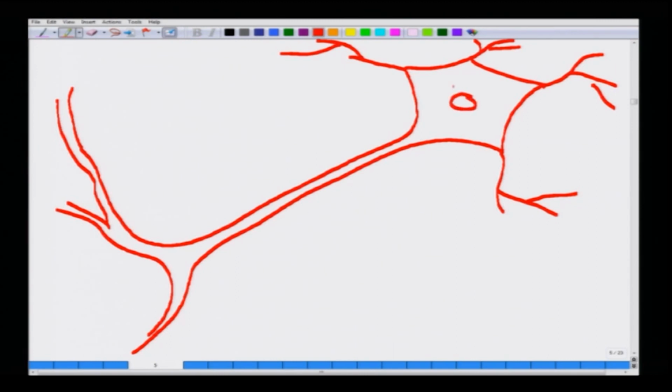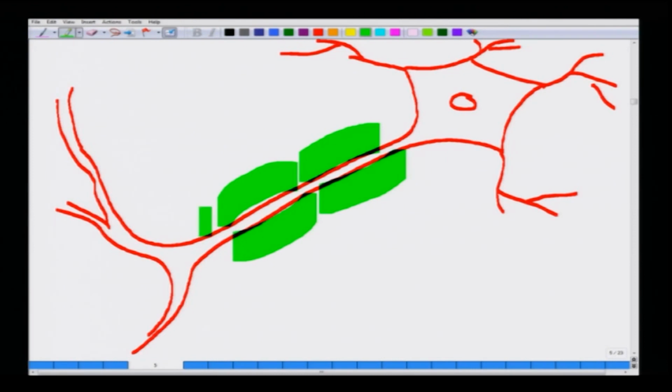Right. And here you have the nucleus. So, these are all myelinated structures. Myelinated in the sense they are something like this. Okay.